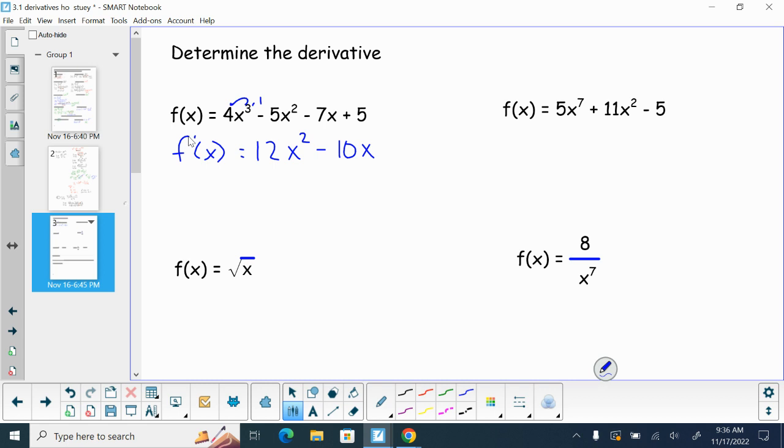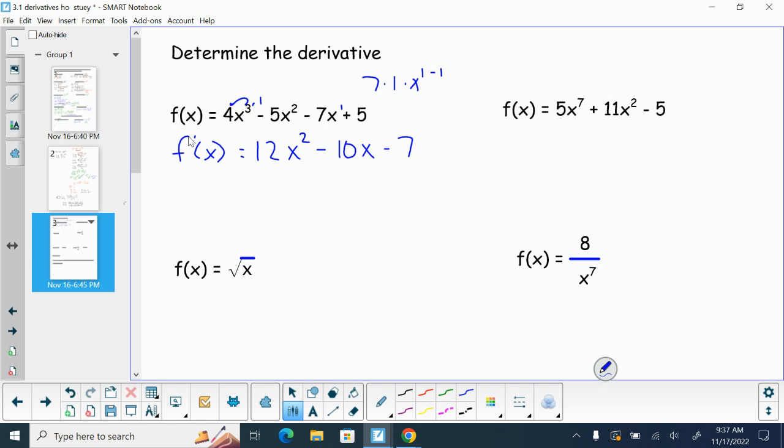Negative 10x. I don't really need the first power there, my exponent of x is 1. Next, negative 7x. Now I want to take the derivative of negative 7x. Jack, what do we get? Negative 7, because I'm going to get negative 7 times 1 times x to the 1 minus 1 power.